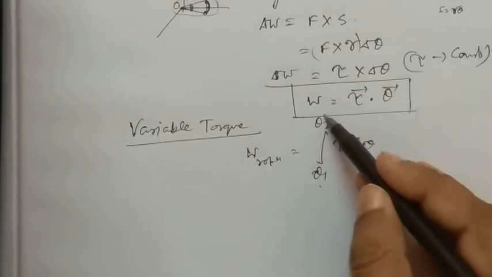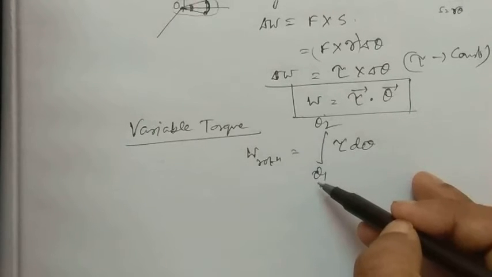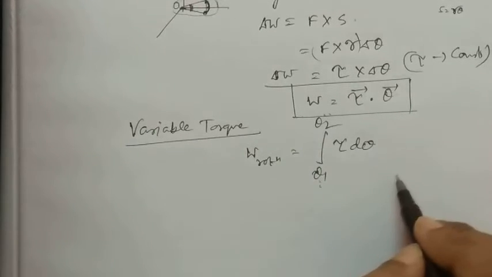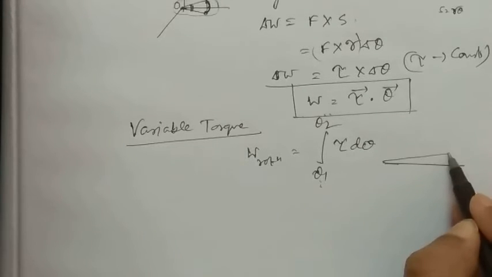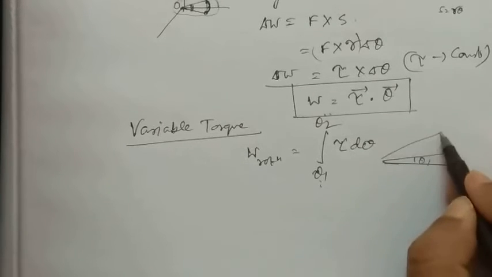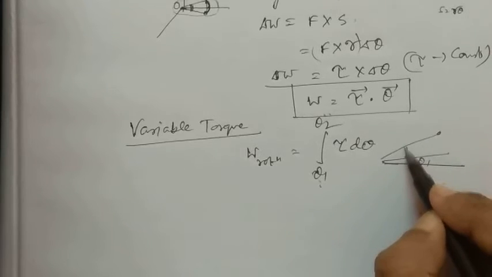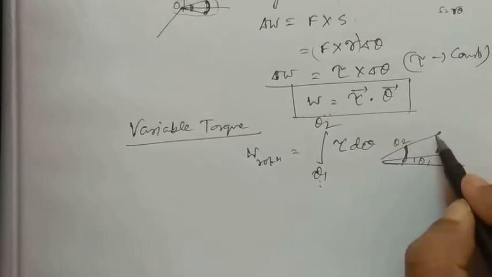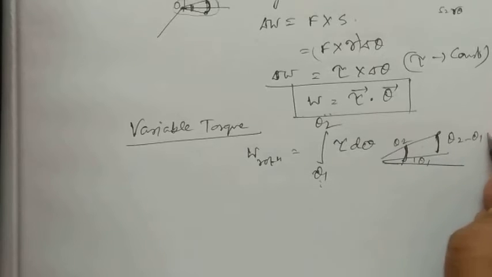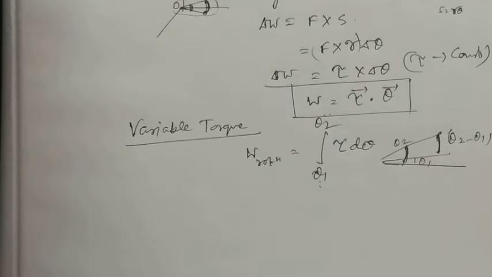The initial position was theta 1 and the final position is theta 2. So the displacement is theta 2 minus theta 1.